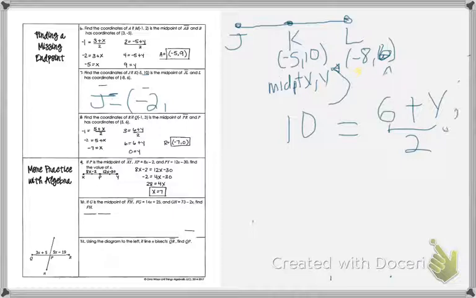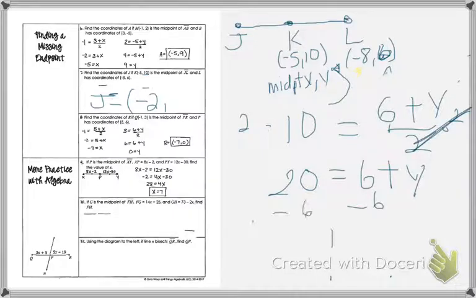Let's work it out. Times 2 times 2. This becomes 20. This becomes 6 plus y. These are gone. -6, -6, and I get 14 is equal to y, so the y coordinate is now 14. And that is your answer.